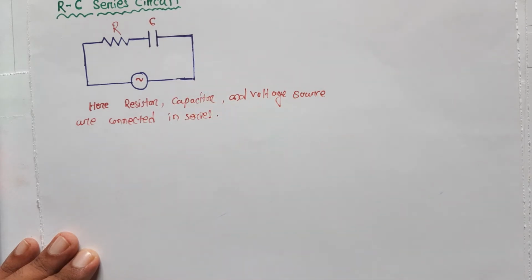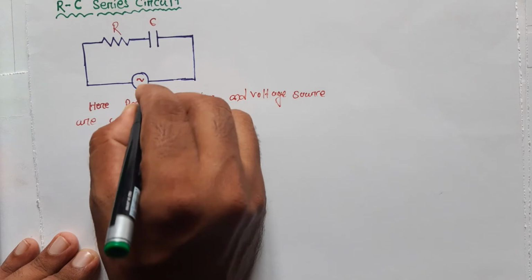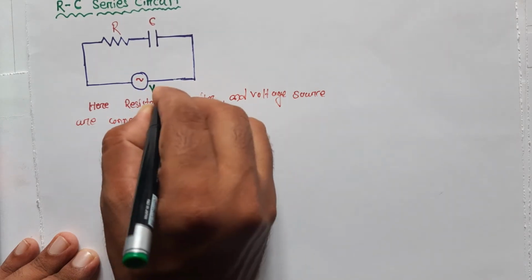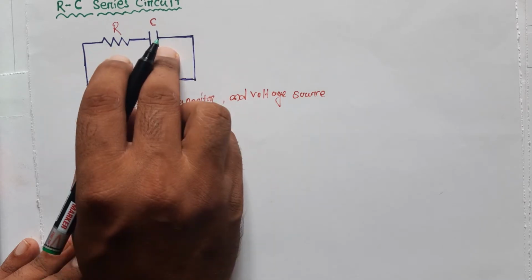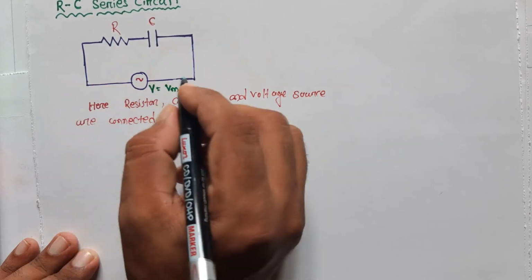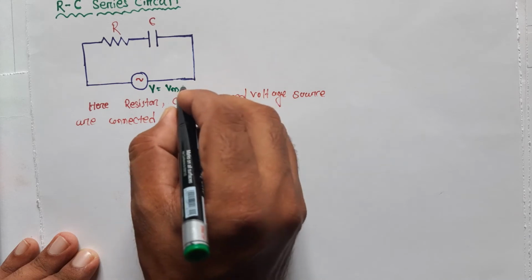Here we apply an AC voltage to know the behavior of the RC series circuit in case of AC.